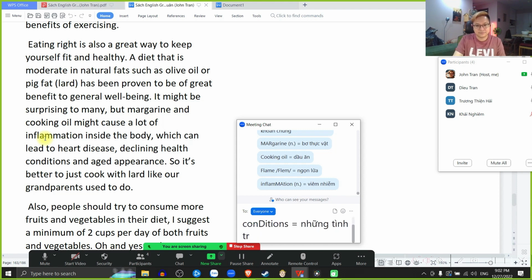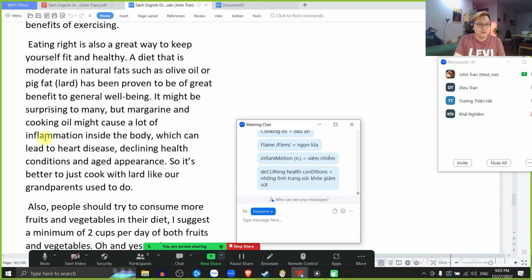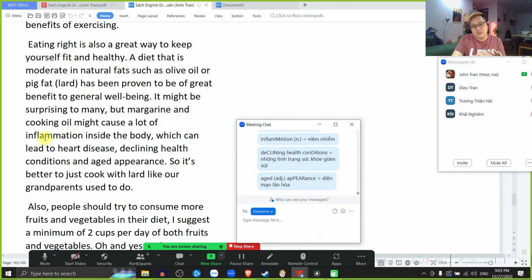Những tình trạng sức khỏe giảm sút. And aged, cái chữ này là tính từ, age, appearance, diện mạo mà nó bị aged, diện mạo lão hóa, tức là diện mạo già nua. So it means you look very old.